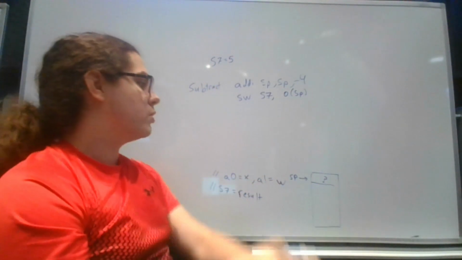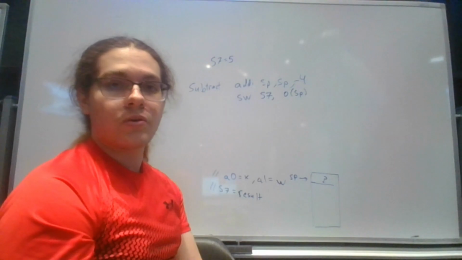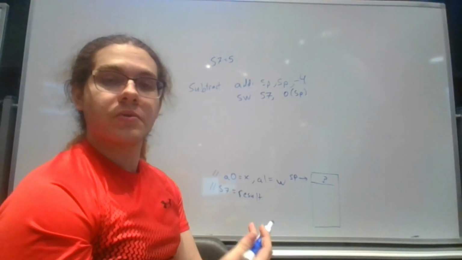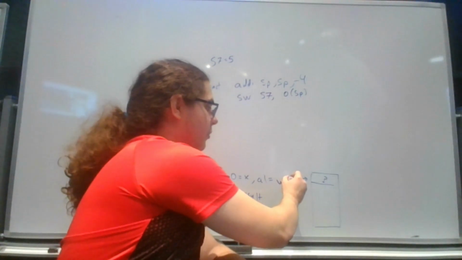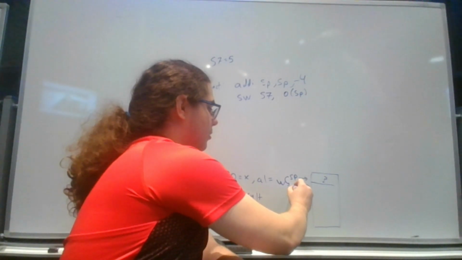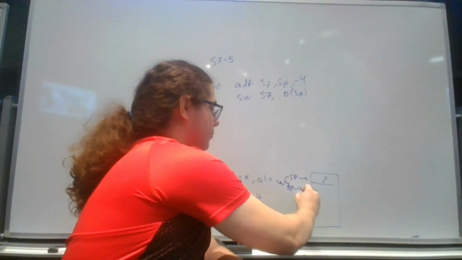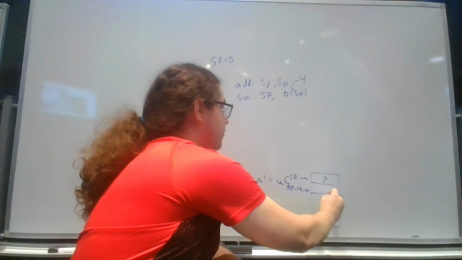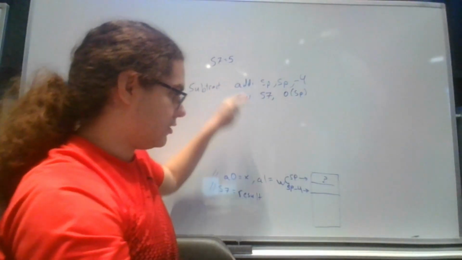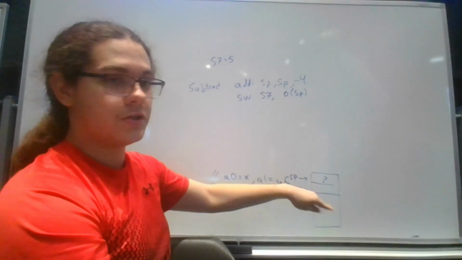This is where my stack pointer was originally, and there's some data stored on the stack. I don't know what it is. I don't want to mess with it. So I decrement by 4. That's this action here. So now our stack pointer is pointing to this location.